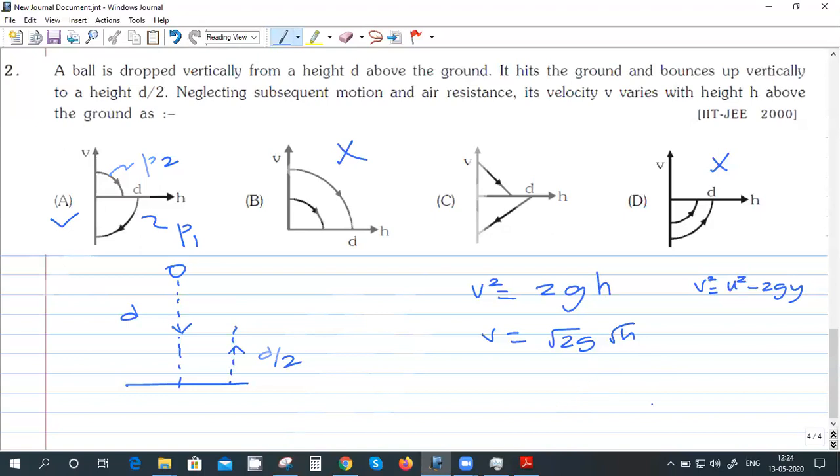Velocity goes as the square root of h. The plot of the square root of h is a curve, like a parabola.